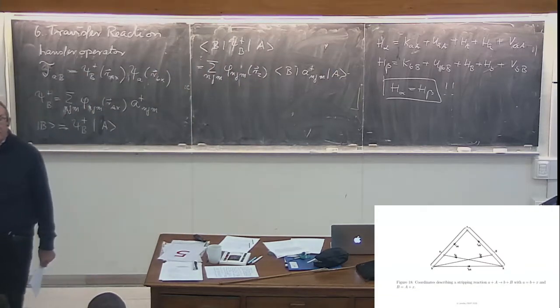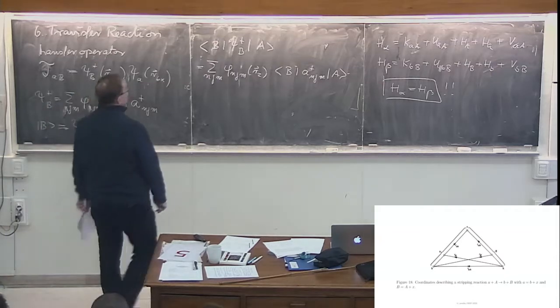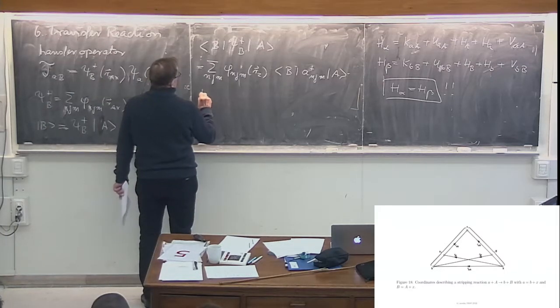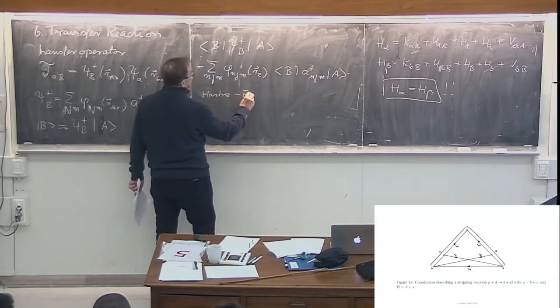Now I have to invent a model for the state B. The simplest case is what one might call the Hartree-Fock choice, namely a single particle picture.